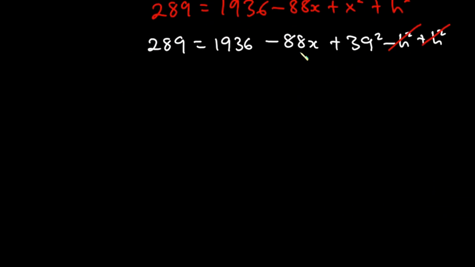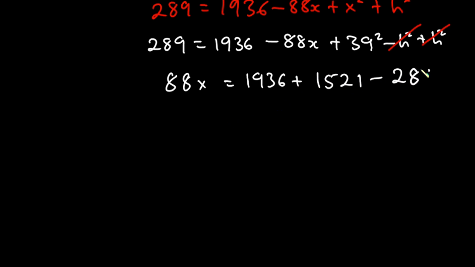Now let's go ahead and find the value of x from this equation. So we have 88x is equal to 1936 plus 39 squared, which is 1521, minus 289. So we have 88x is equal to, now let's sum everything.